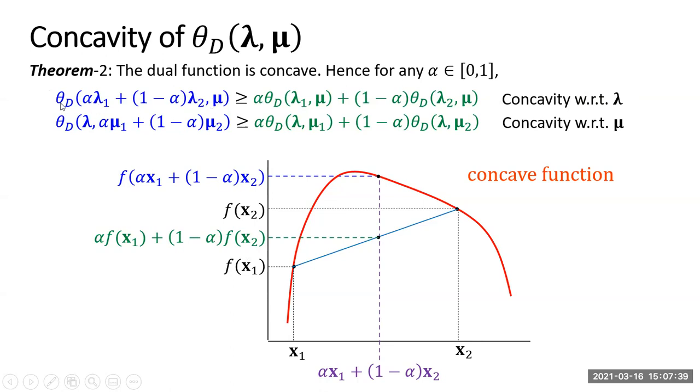So we have to show that theta d of this blue here, alpha lambda 1 plus 1 minus alpha lambda 2, which is instead of x2 here, comma mu, is greater than or equal to alpha times theta d of lambda 1, mu plus 1 minus alpha theta d of lambda 2, mu. Am I clear?